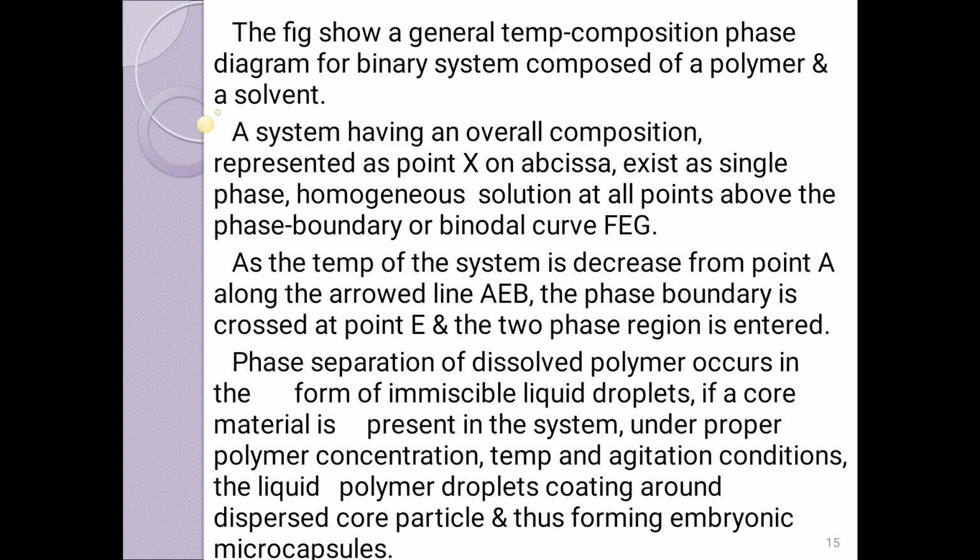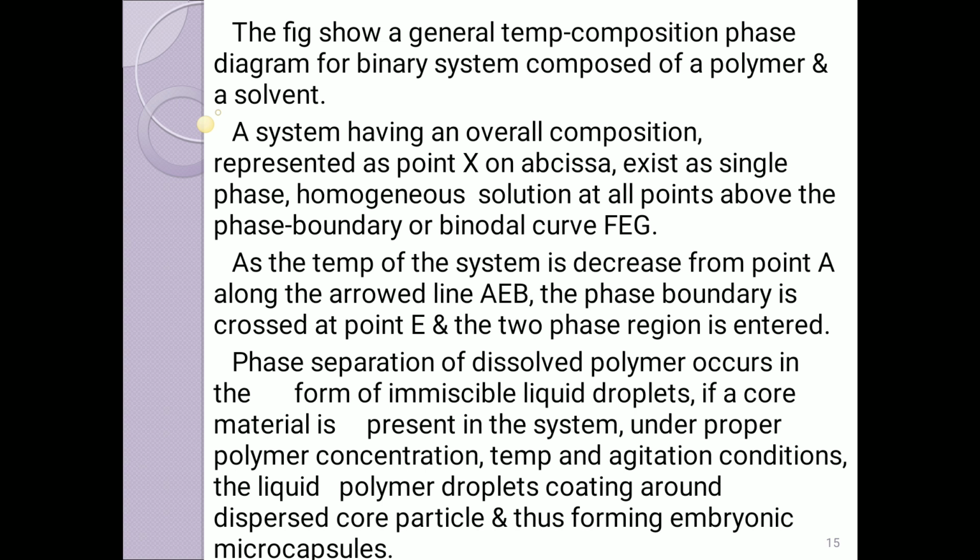The solvent is polar or semi-polar, right? The system having an overall composition represented as the point X on the abscissa, that is the x-axis. On the x-axis the composition of polymer is indicated.